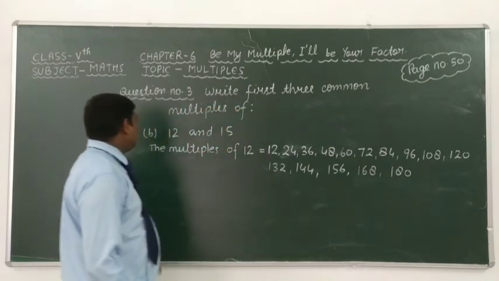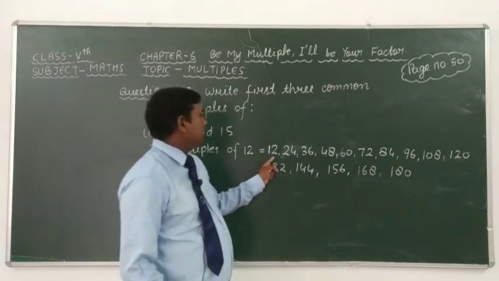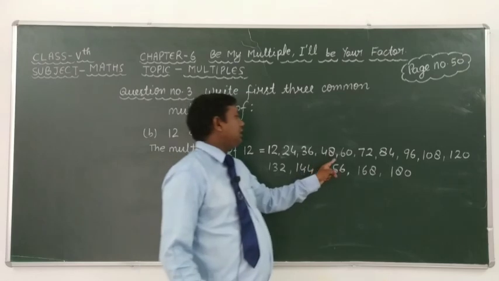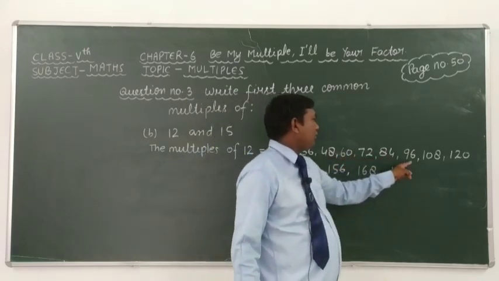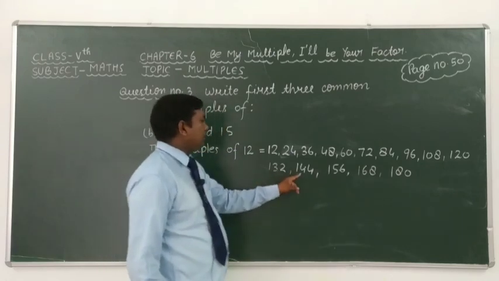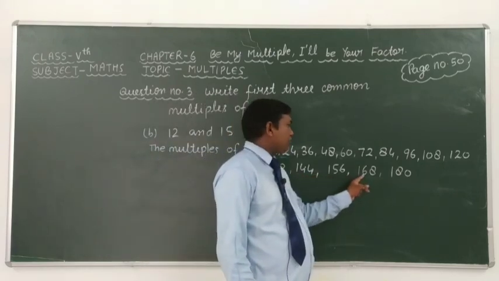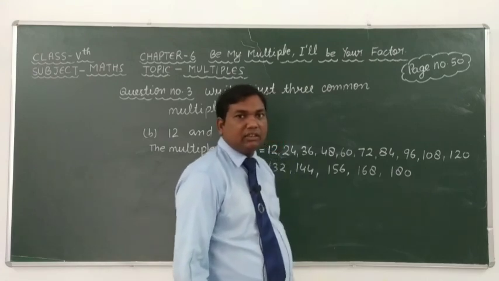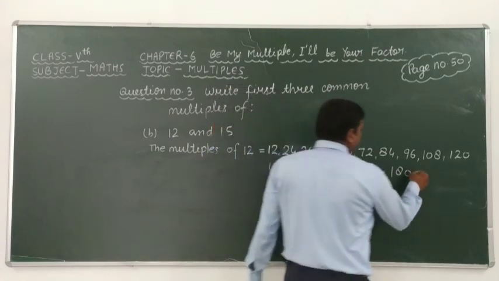Students, it means that the multiples of 12 are 12, 24, 36, 48, 60, 72, 84, 96, 108, 120, 132, 144, 156, 168, and in last 180, and so on.